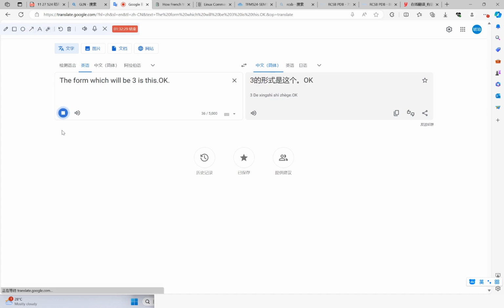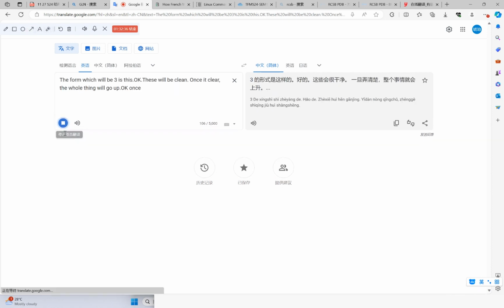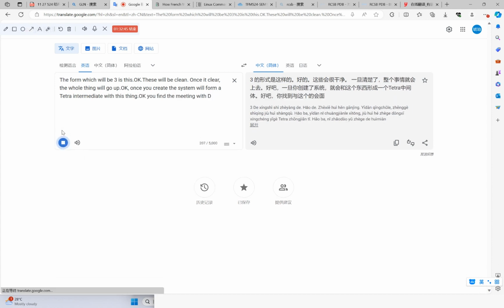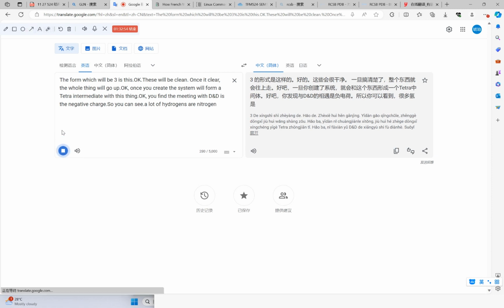Once it cleaves, the whole thing will go up, and the system will form a tetrahedral intermediate with this thing, and this is the negative charge. So you can see a lot of hydrogens, nitrogens here to stabilize this one. So this is the oxy-anion hole.